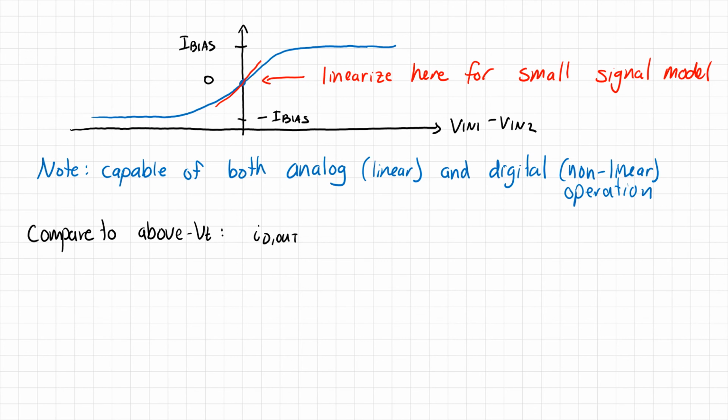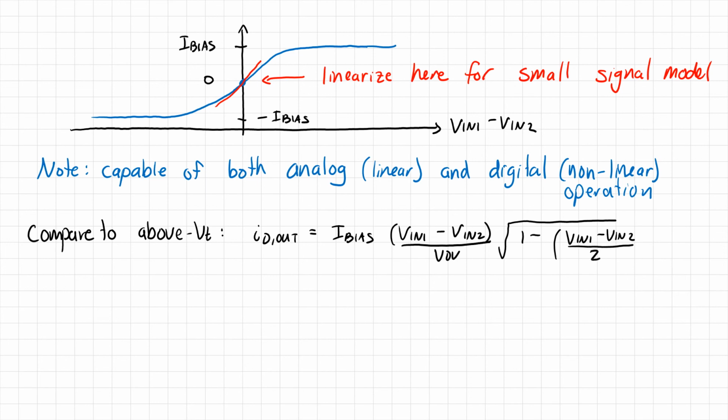The differential output voltage, if we look at the full-fledged IDS equations, is equal to I bias times (Vin1 minus Vin2) divided by VOV, the overdrive voltage, VGS minus VT, times the square root of 1 minus ((Vin1 minus Vin2) divided by 2 times VOV) squared. So this is a nasty expression.